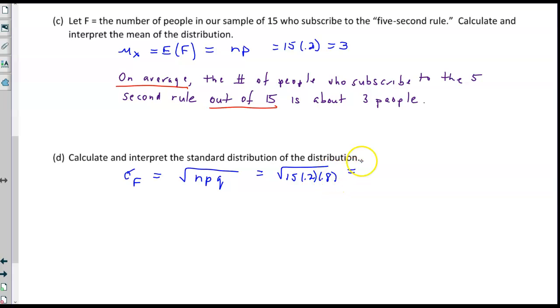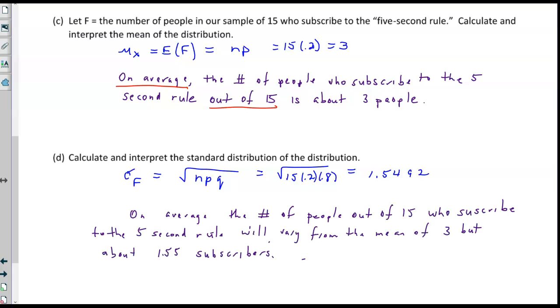And when I enter that in the calculator, I get a decimal value that's approximately 1.5492. And now we're going to stop and interpret it. On average, the number of people out of 15 who subscribe to the 5-second rule will vary from the mean of 3 by about 1.55 subscribers.